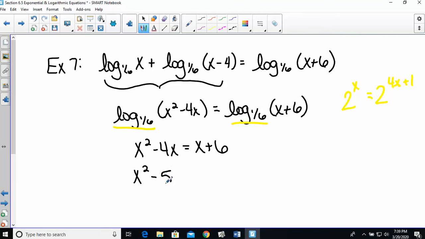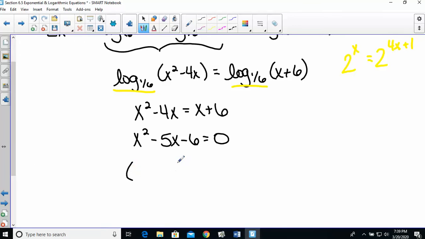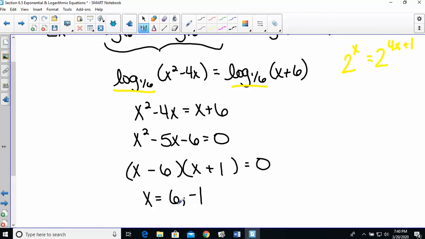Okay, quadratic, so I'm going to set it equal to 0. So if I subtract my x, subtract my 6. Now I need 2 numbers that multiply to negative 6 and add to negative 5. So that would be a negative 6, positive 1. Set those equal to 0 and you get 6 and negative 1.